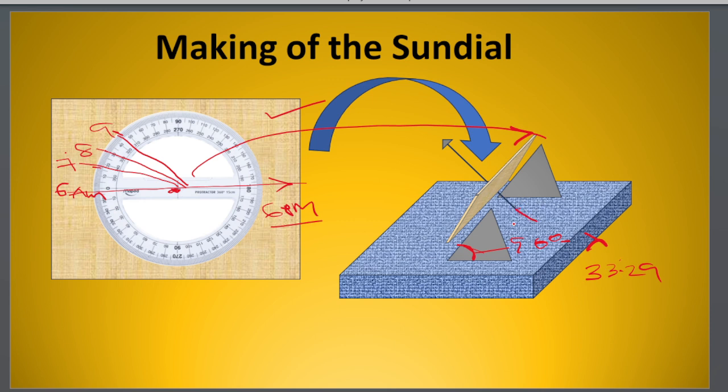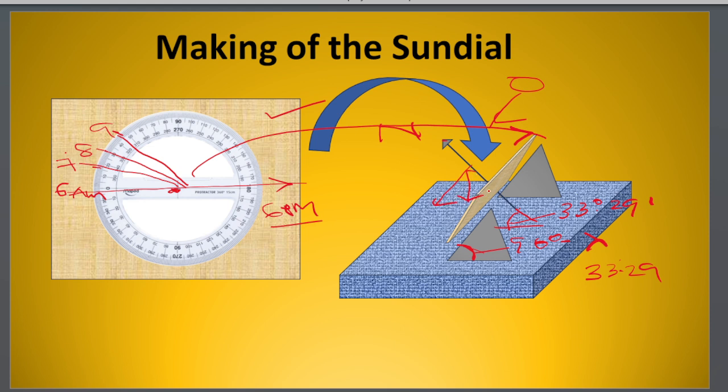And this angle, which is the normal, is lambda, that is 33 degrees 29 minutes. The sun rays will come from here, and this position is true north. This casts the shadow over this dial, and from that we can measure the time.